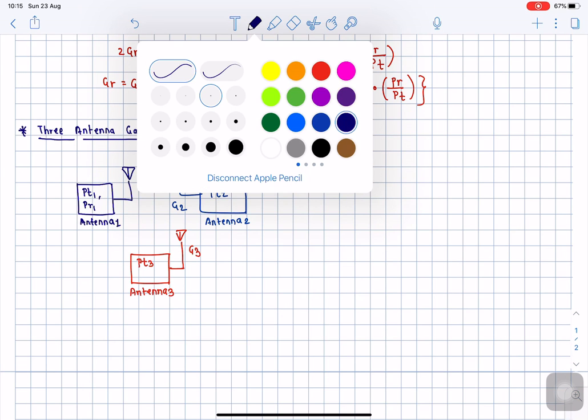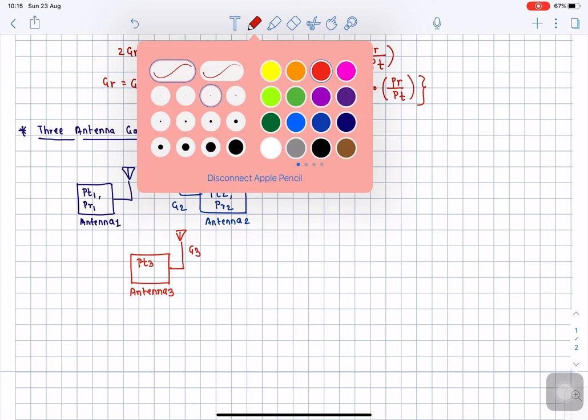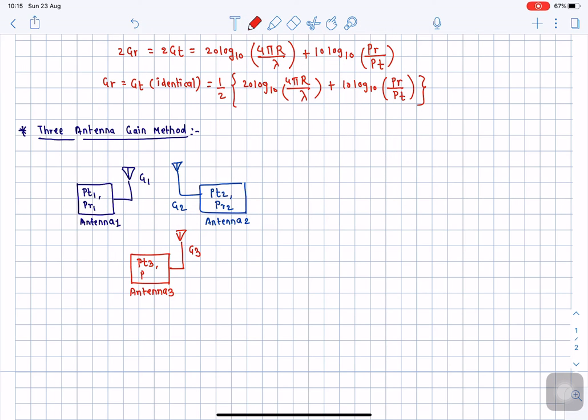Similarly, PR2 is the received power by antenna number 2, and PR3 is the received power by antenna number 3.